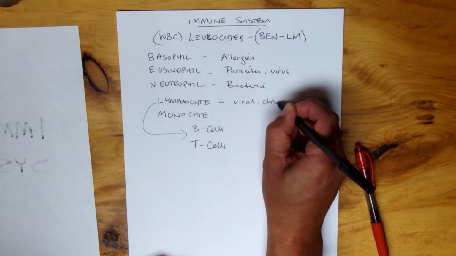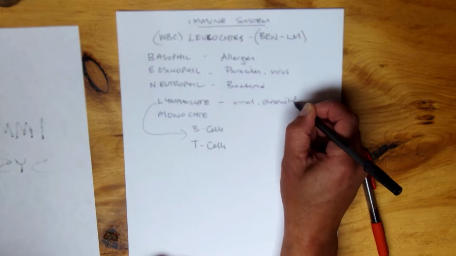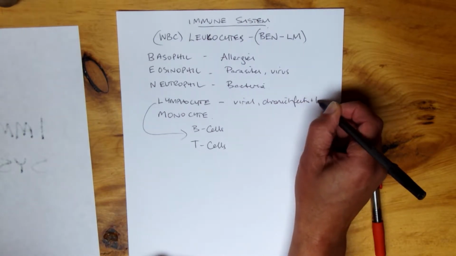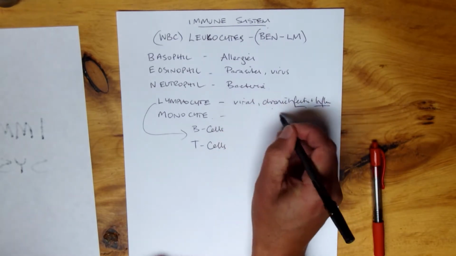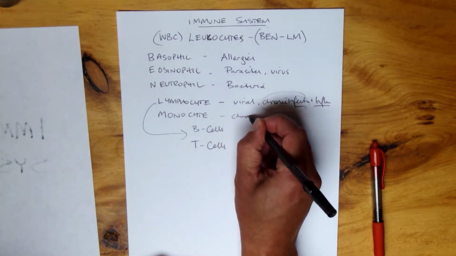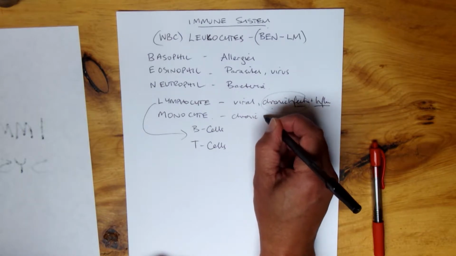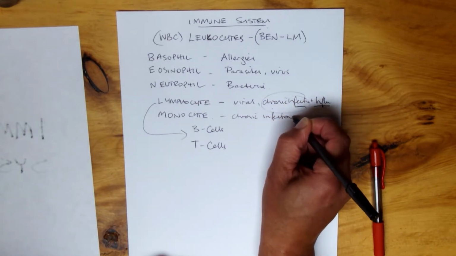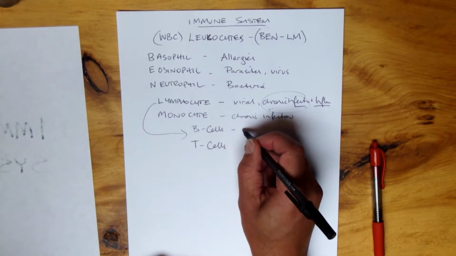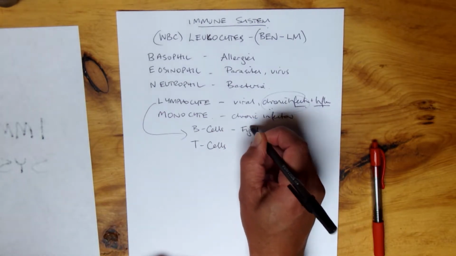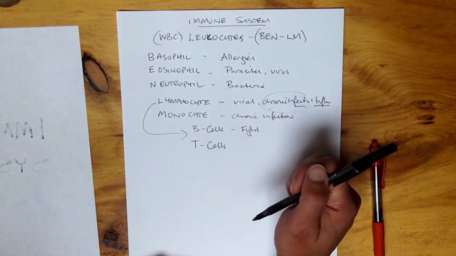We can also think of chronic infections and inflammation. I haven't made that clear, but just chronic infections and inflammation. Here, for the monocyte, think more the chronic infection, right? Remember, this is just a very quick summary. You're going to have to research and understand this.